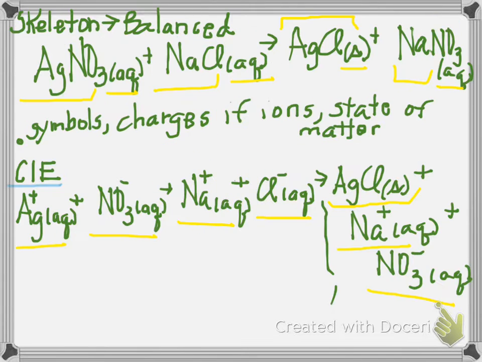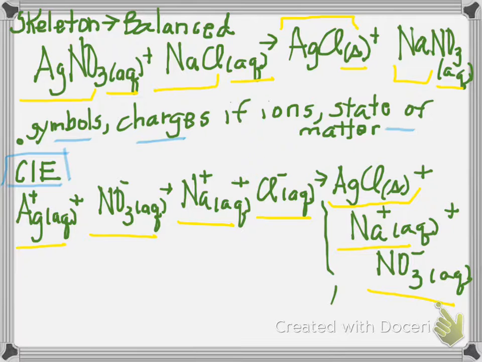So if we go back and look at our example here, we're looking at our complete ionic equation, and we're looking for our spectator ions. We're looking for these ions not directly involved in a reaction. These are ions that appear in the exact same form, so their symbols, their charges, their states of matter are exactly the same on both sides of the equation.